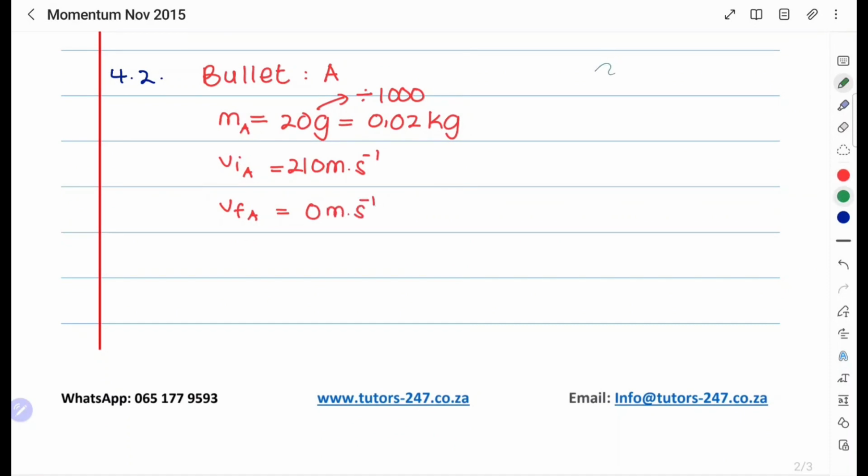We are referring to object B as the block. So the mass of the block is 5 kgs. We know that the initial velocity of the block is equal to the final velocity of the block, which is 0 meters per second.